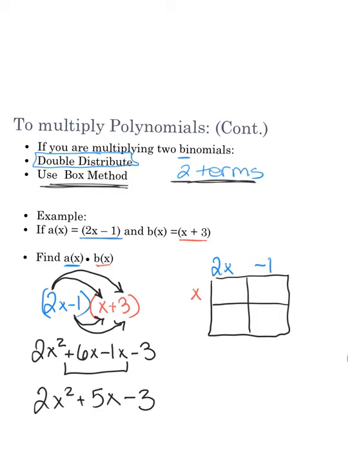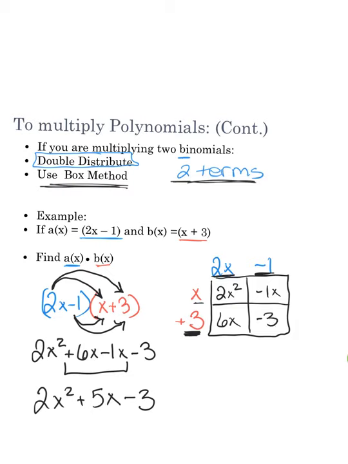On the other side of the box, or going across the top, I have an x and a plus 3. Now it's kind of like filling in a multiplication table. 2x times x is 2x squared. Negative 1 times x is negative 1x. 2x times 3 is 6x. And 3 times negative 1 is negative 3.